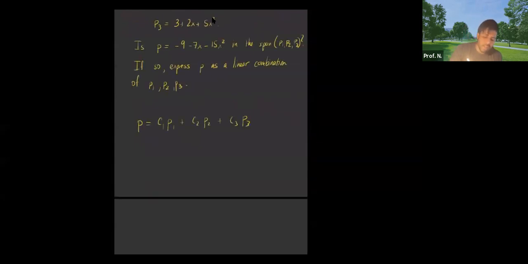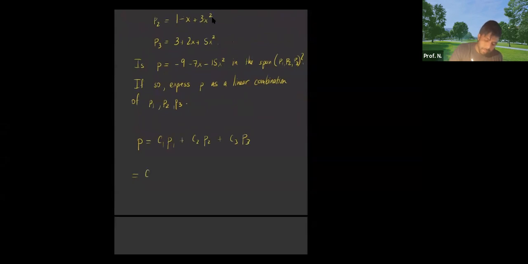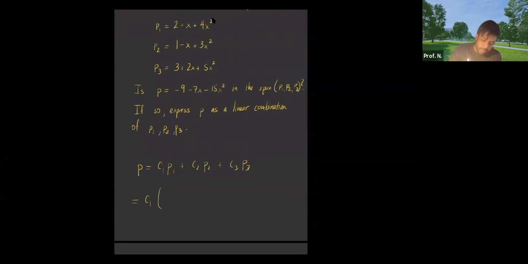It breaks down to the same thing. So this becomes what? The long way would be C1 times 2 plus x plus 4x squared, plus C2 times 1 minus x plus 3x squared, plus C3 times 3 plus 2x plus 5x squared.